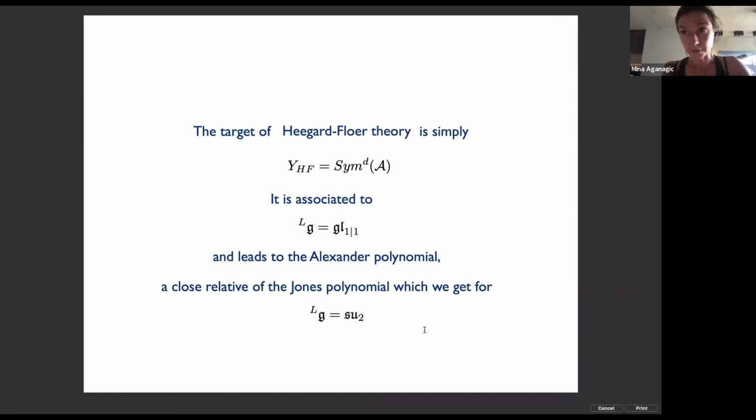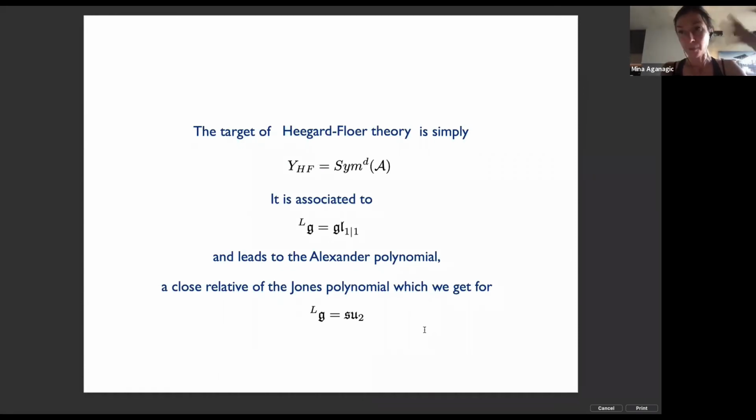The target of Heegaard-Floer theory is simply a symmetric product of D copies of A. Heegaard-Floer theory is associated to GL(1|1) and also leads to knot invariants. It would lead to an Alexander polynomial, which is a close relative of the Jones polynomial we get for SU2 by taking G to be SU2.